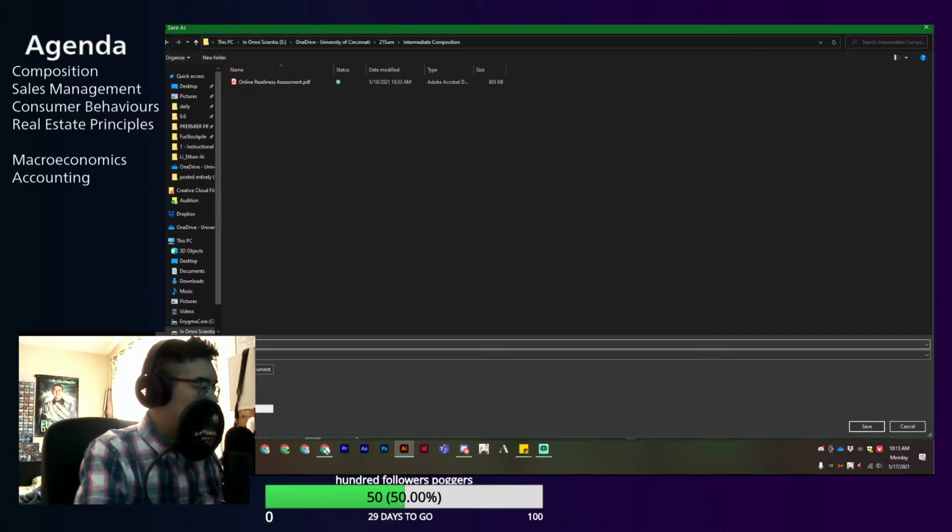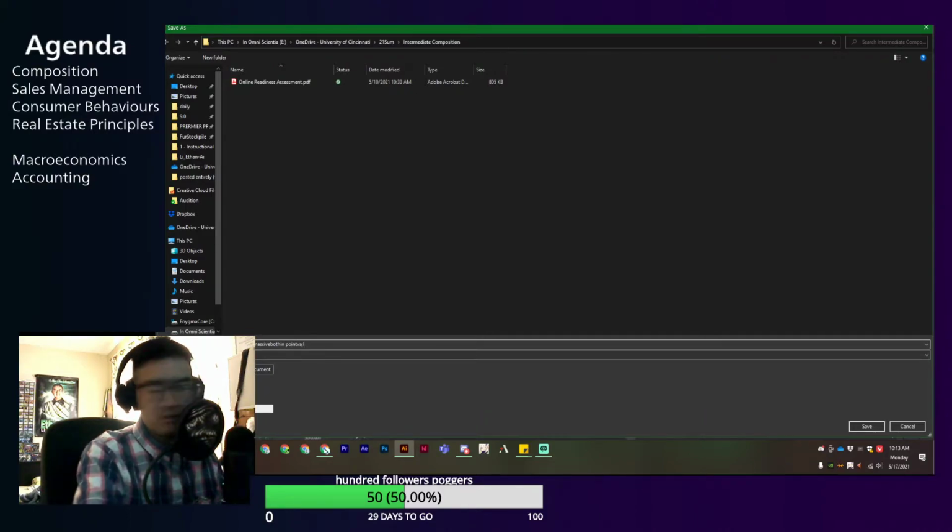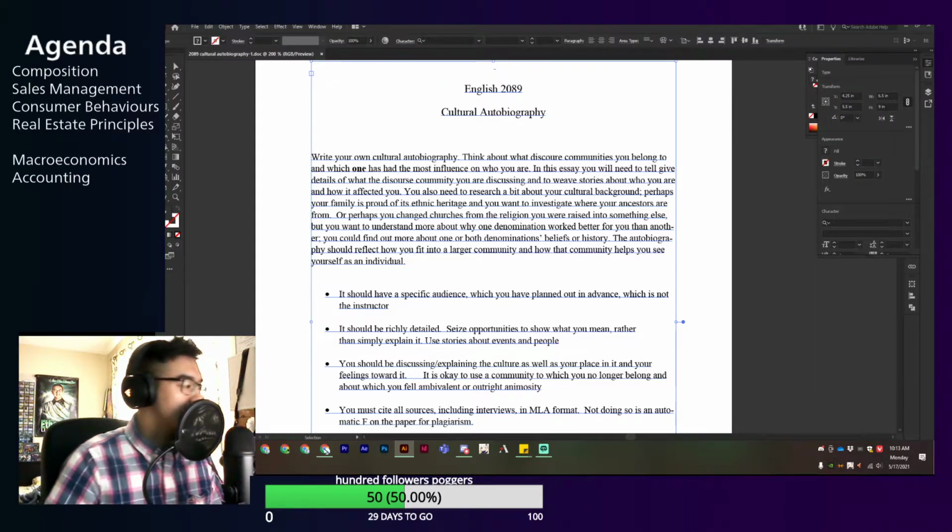Oh god, this is massive. Both in point value and page count. Save PDF. Let's print this in.